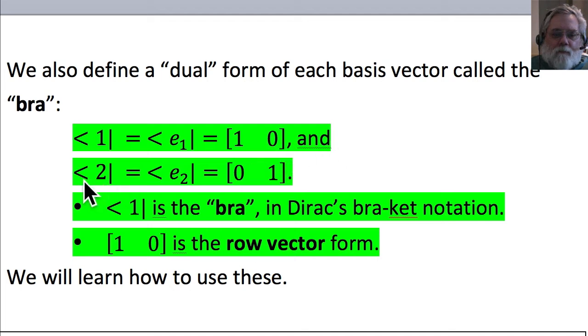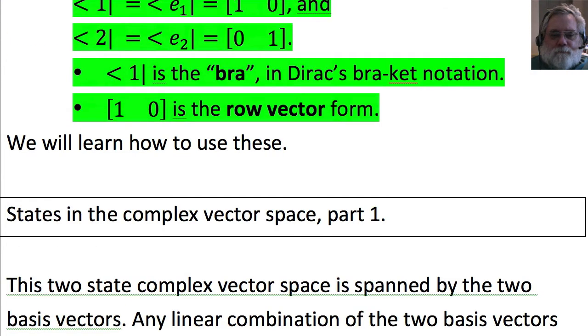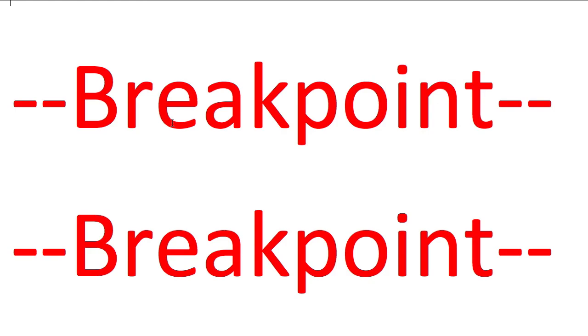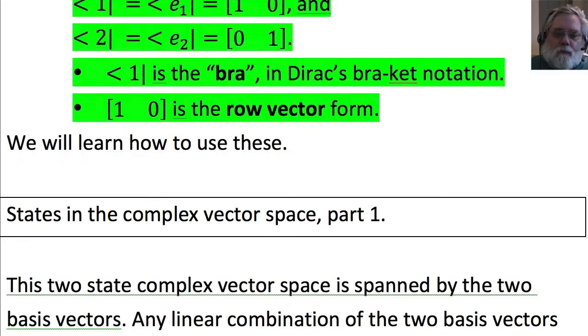And we're going to have bra 2, which is bra of e sub 2, which is the row vector 0, 1. We're going to learn how to use these. So we've seen them in the past without really knowing how to use them. We're going to use them today. This is a possible time to take a break.